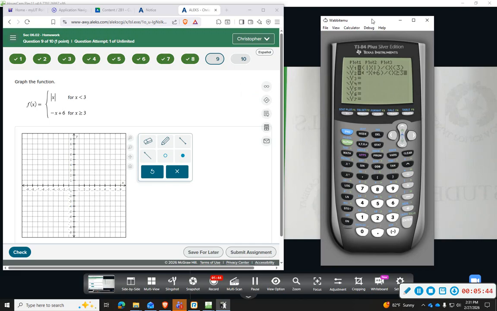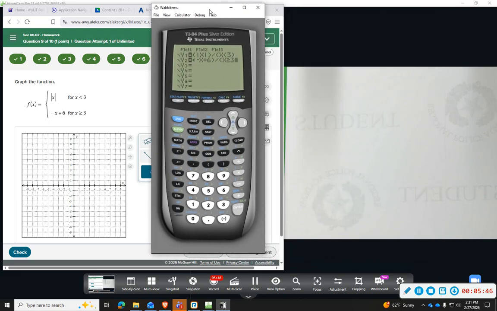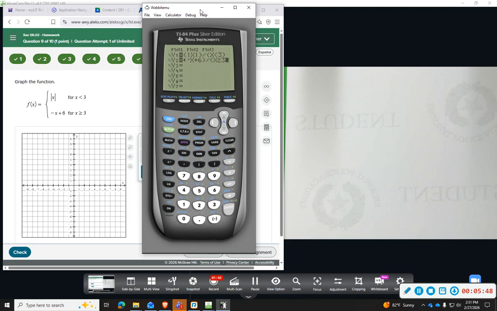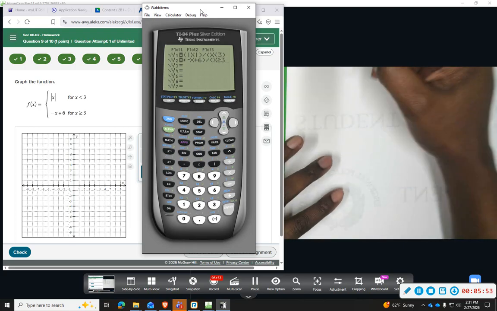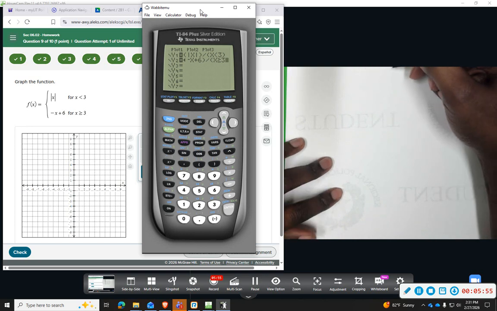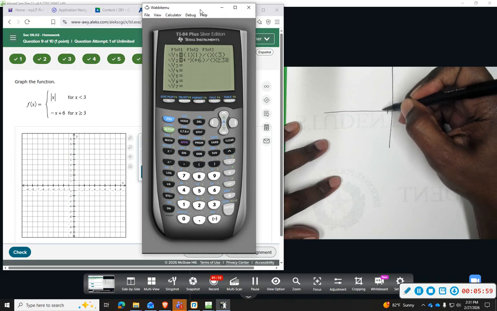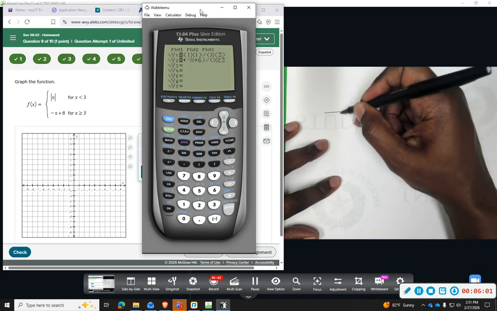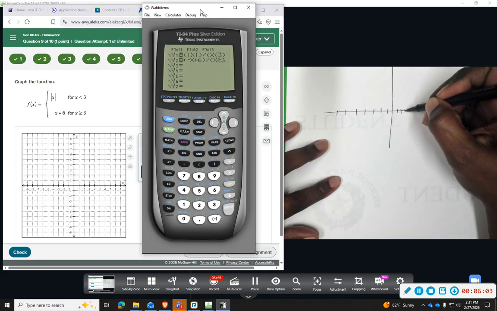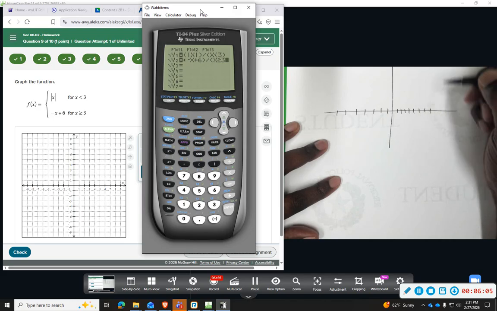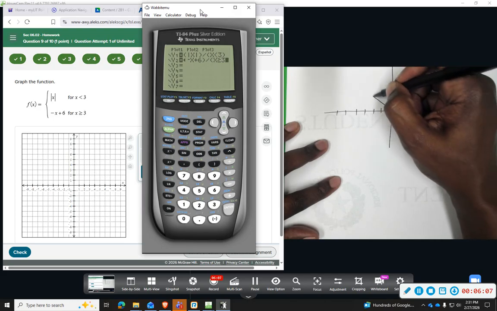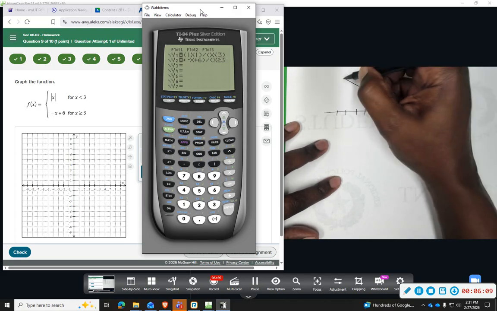Now, say you don't have a calculator, you can't graph this. How could we do this by hand and see what this looks like? Hopefully you know the absolute value function is just a V shape, up 1, right 1, not spaced to scale, but absolute value does a V shape.